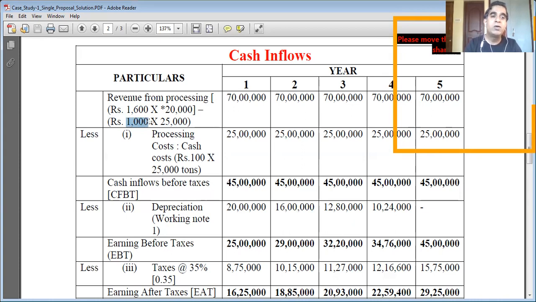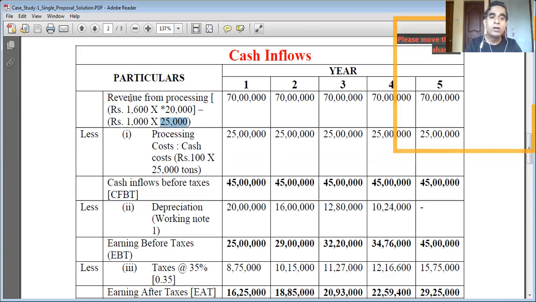So without the new equipment, how much would this 25% of ore generate? 1,000 rupees per ton into 25,000 tons, which is 2 crore 50 lakh rupees. So the actual cash inflows or incremental cash flows for the company are 1,600 per ton into 20,000 tons, which is 3 crore 20 lakh rupees, minus 1,000 per ton into 25,000 tons, which is 2 crore 50 lakh rupees.